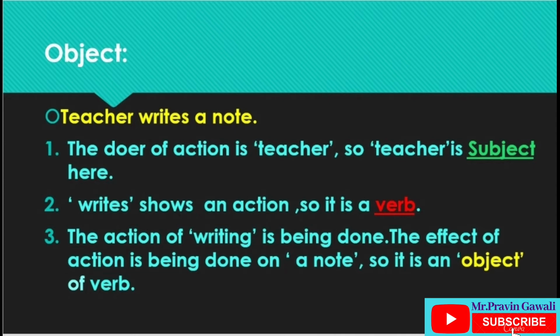The thing which receives the action of the verb, as well as the thing which is affected by the action of a verb, is called object. The action of writing is being done, the effect of action is on a note, so it is an object. So I hope the concept of object is clear now.